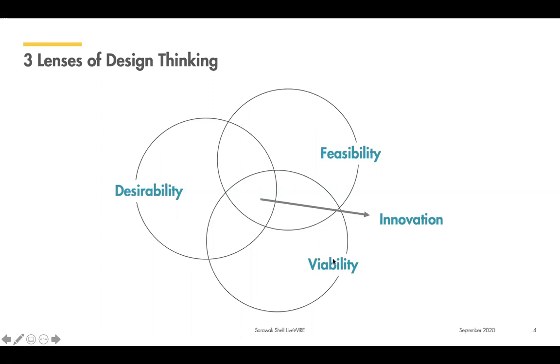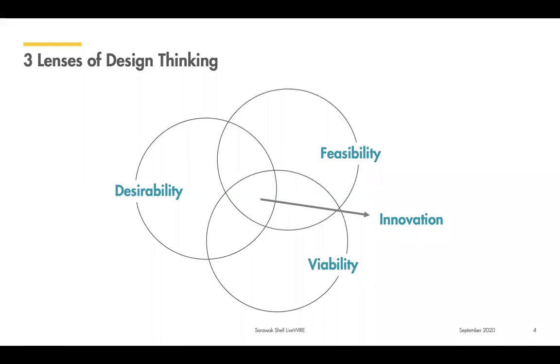Next is viability. Viability is, if you do something, is it sustainable? Many of the time when people come up with a product, it is something that follows a trend or it's just hot for a short period of time or they're just following the bandwagon. A very good example is the hand spinner, right?